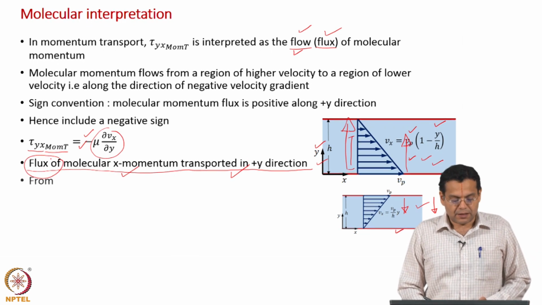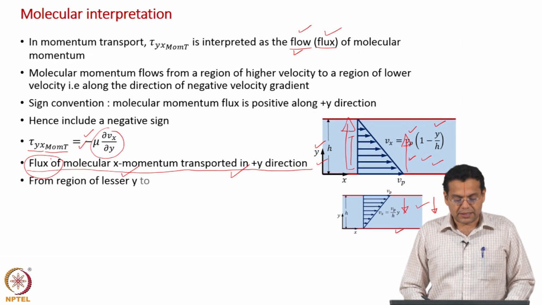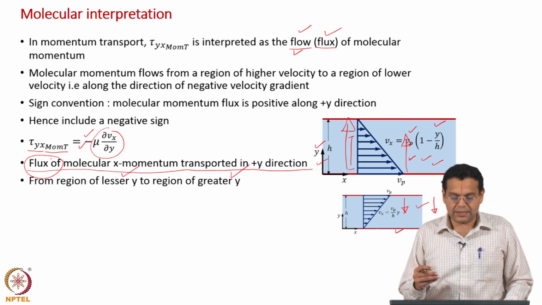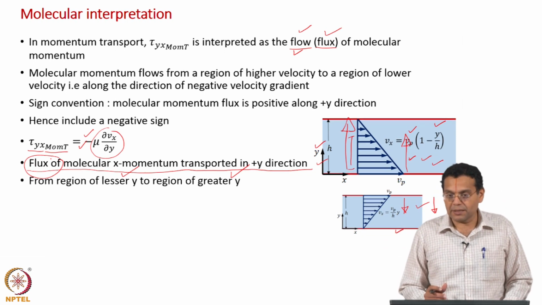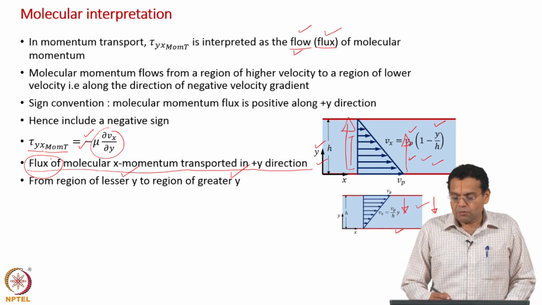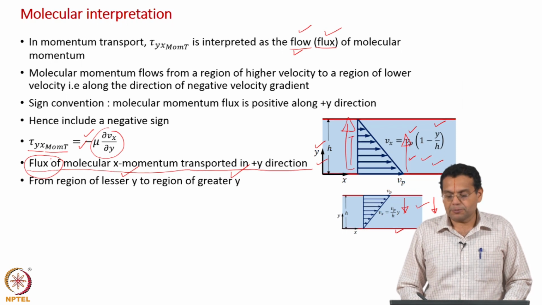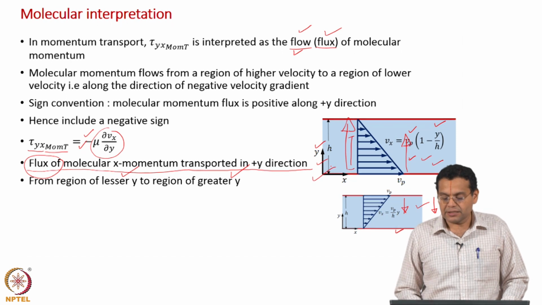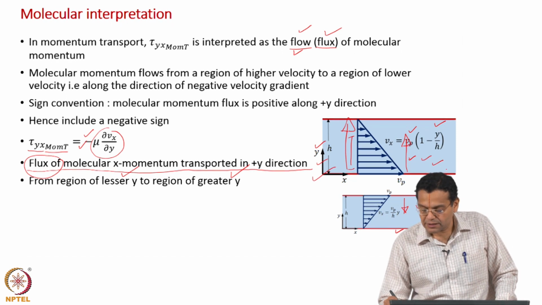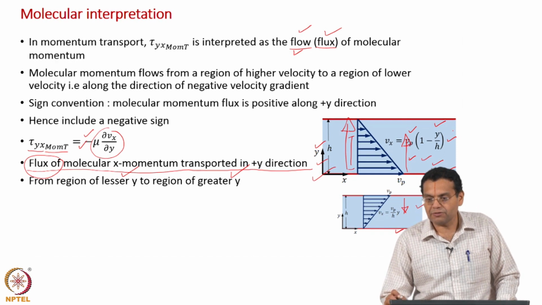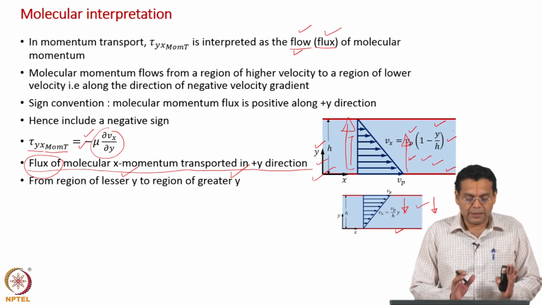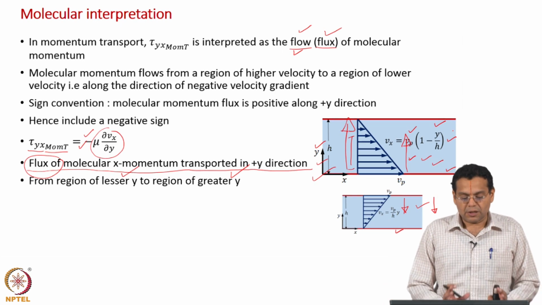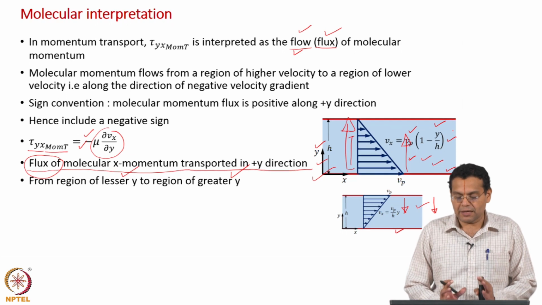And now, just like we had in fluid mechanics, force exerted by a fluid in lesser region on a fluid in higher region, similar to that, what is the direction of transport? From a region of lesser y to a region of greater y. Remember, we are talking about a positive tau x momentum transport value.